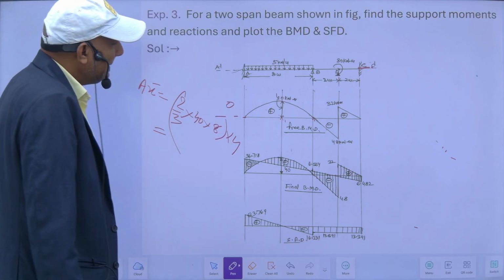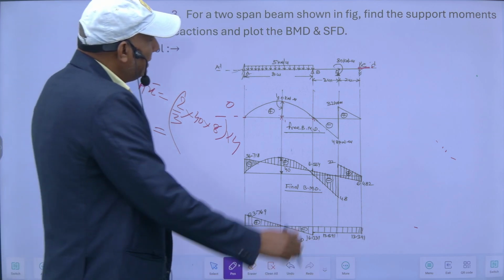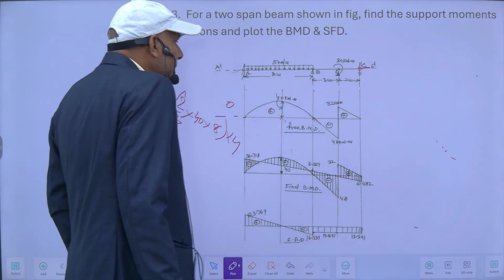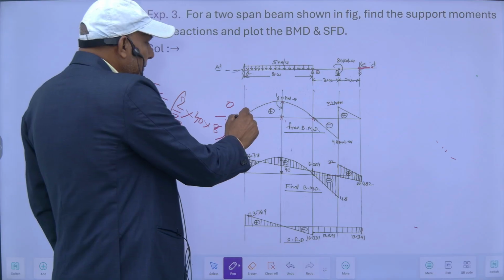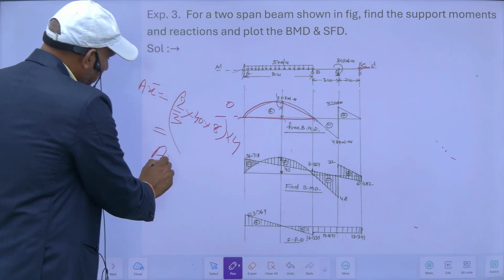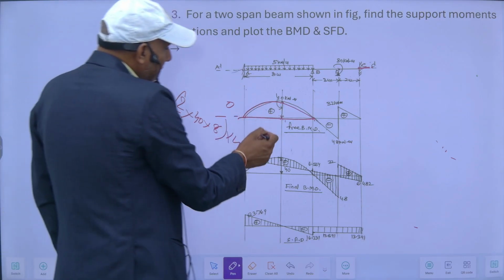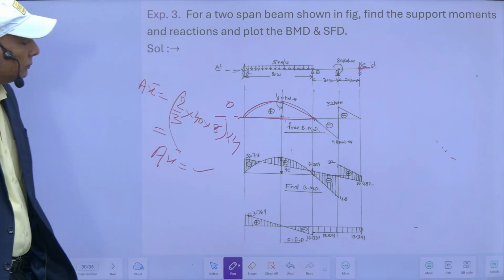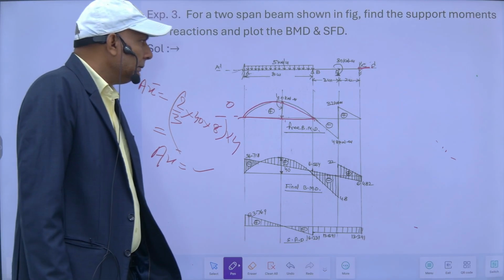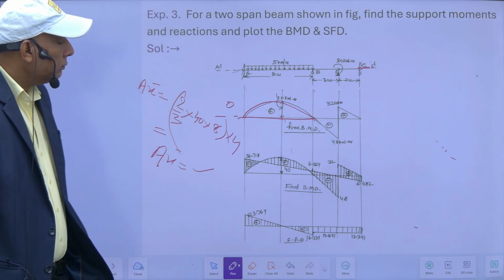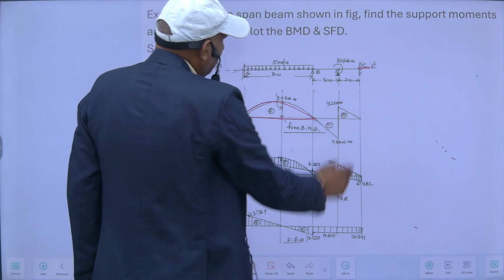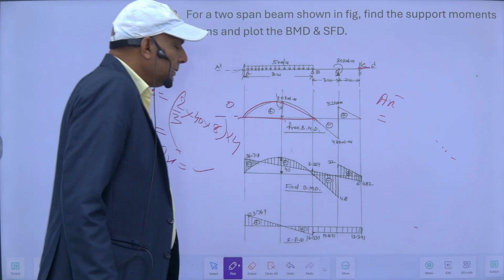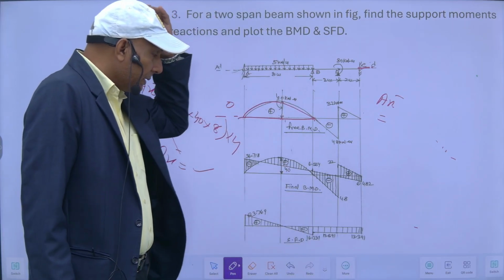And when I apply the three moment theorem for AB and BC, this A x bar will be the same. Since it is symmetrical, this distance is same and this distance is also same. And for this portion, how much will my A x bar be? I will consider it separately.